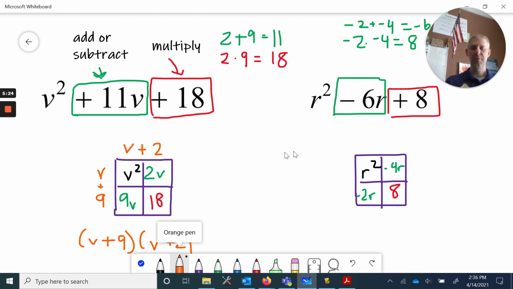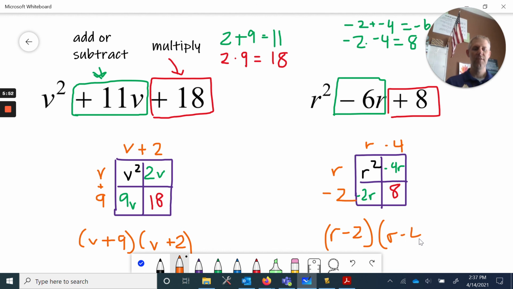And then my commonality will be R. Here it would be 2, but since this green one is negative, we'll make it a minus 2. Again, here we have R up and down, and then negative 4 and 8, so 4. Since this is minus, we'll make that a minus. And you can check negative 2 times negative 4 is positive 8. So our final solution would be R minus 2 and R minus 4.